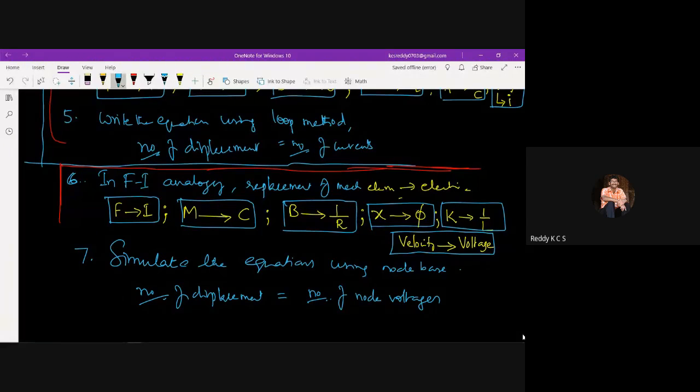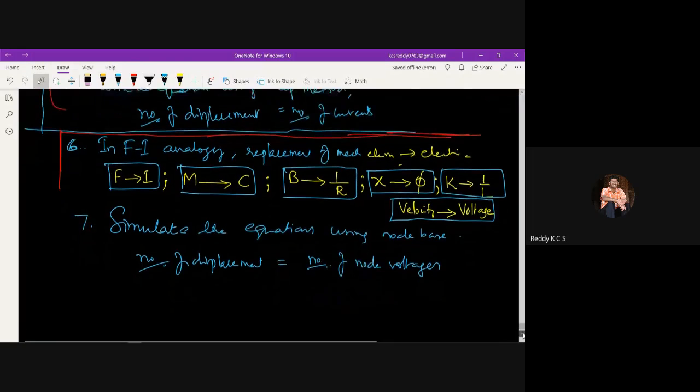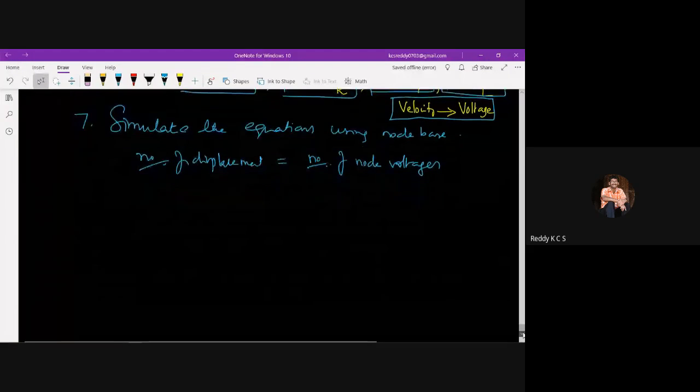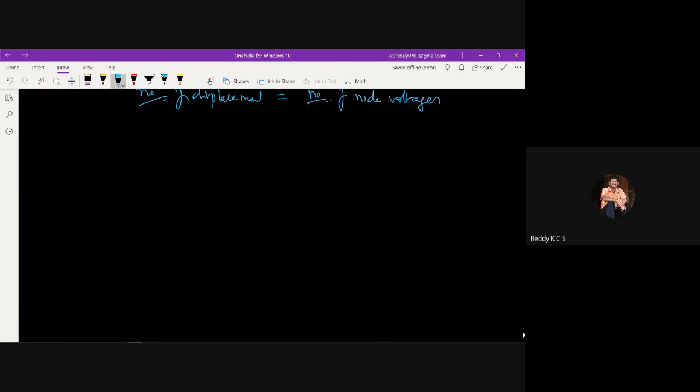So now we'll take one simple example. We take one simple example of how to do this force voltage analogy and force current analogy with the electrical networks. Okay, right. So now one problem will be taken, say for the physical system.